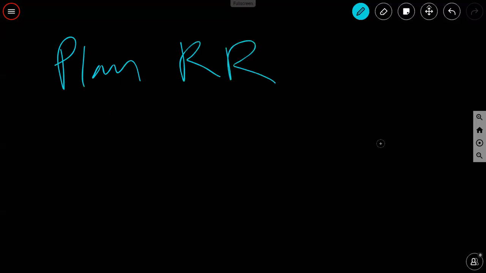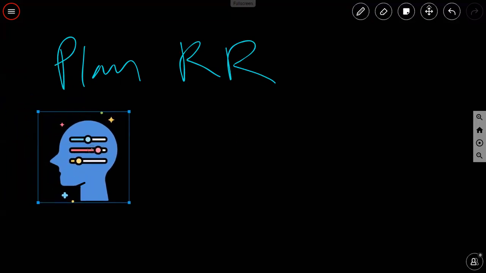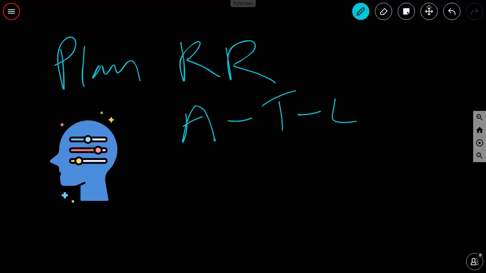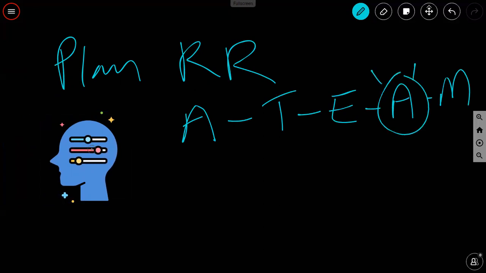All right, the next thing that happens is we plan risk responses. How are we going to respond to the risk? This is where the A-team thing comes in. This is where we can either avoid, transfer, escalate, accept, or mitigate. Just remember, with accept, you've got passive accept and active accept.